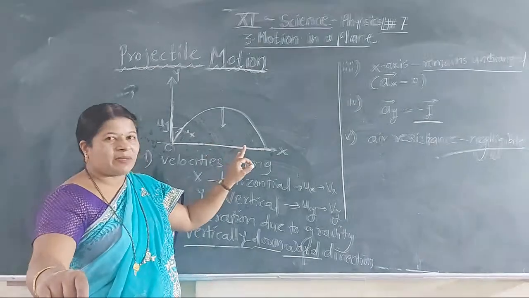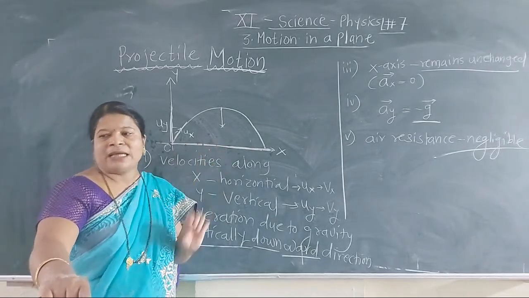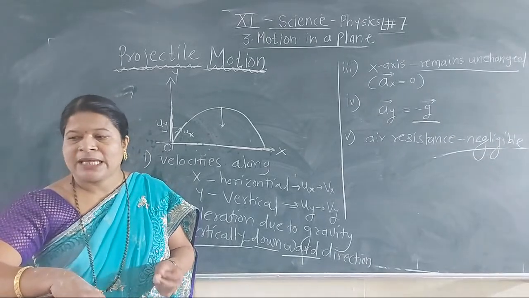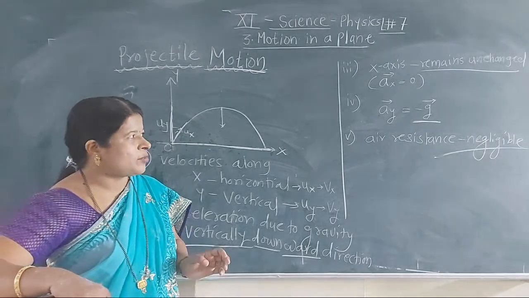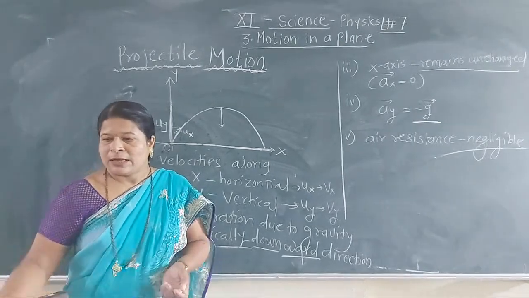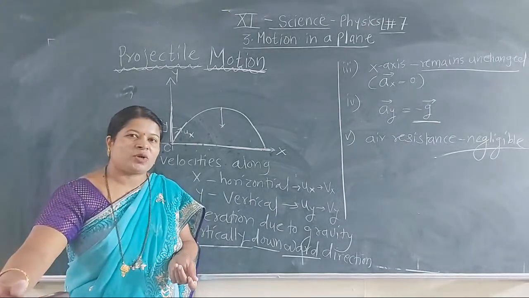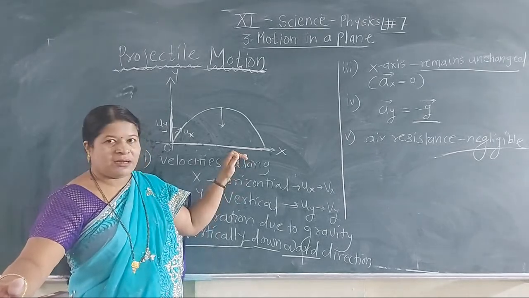So what is meant by projectile? I repeat the definition. An object in flight after being thrown with some velocity is called a projectile and its motion is called projectile motion. Now we have to find its equations for a projectile in the vertical and horizontal directions.